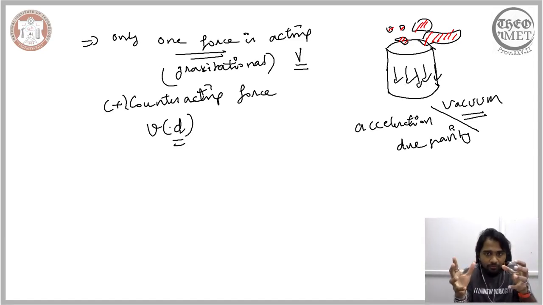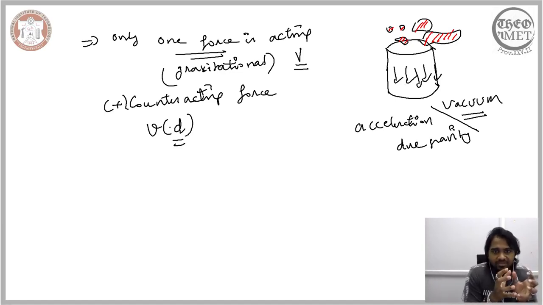Now we perform the same experiment, and we allow the bowling ball and the feather to fall in a normal environment. One is the bowling ball of some kg weight, the other is a feather that is quite weightless. We allow these two objects to fall not in a vacuum but in a normal environment.